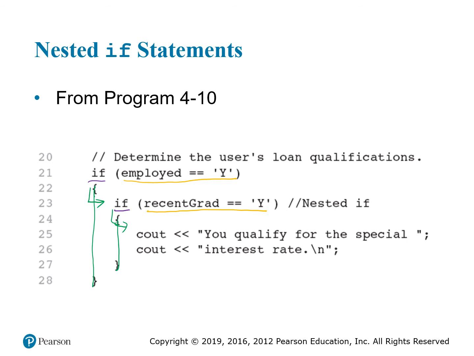Now you might be noticing that technically this outer pair of curly brackets wasn't necessary because we're only doing one statement here, an if, but it's generally good form to put this extra pair of curly brackets there to indicate that this if is inside and belongs to the first if.